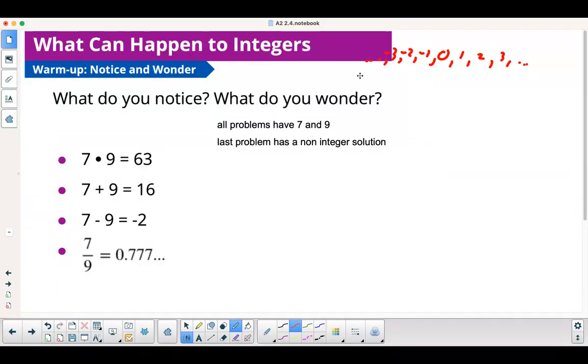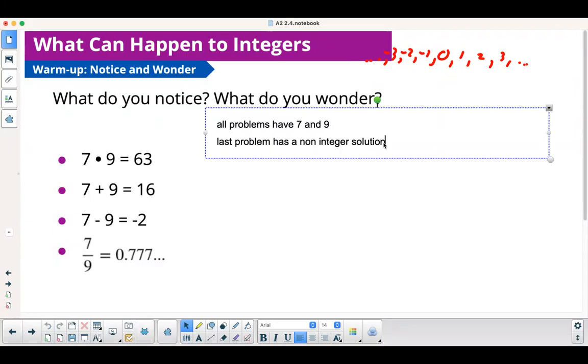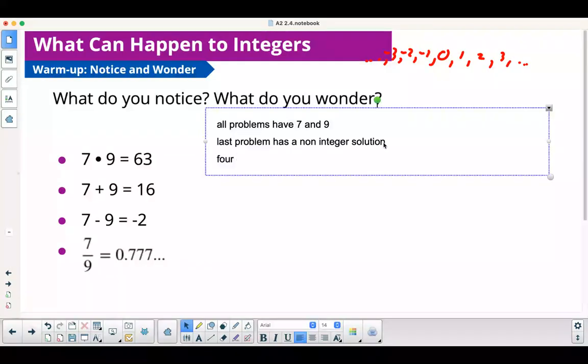So both directions, no partial numbers, whole numbers and negative whole numbers. What other things might we notice here? We have 4 different operations. All right, so these are maybe notices.